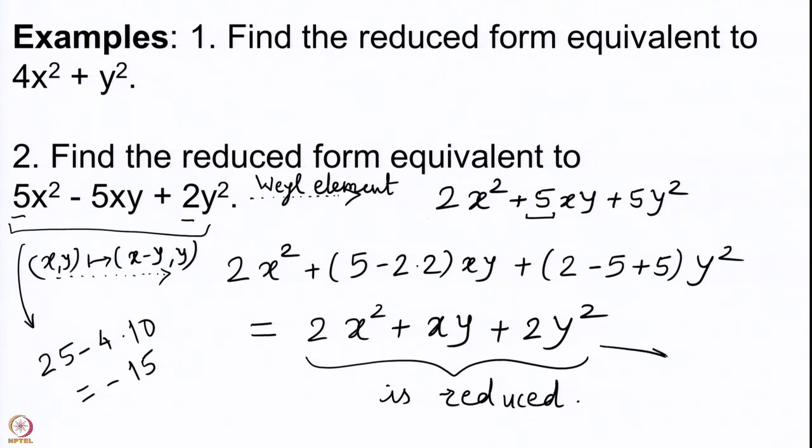And the discriminant here is b square, which is 1, minus 4ac, where ac is also 4. So, you get 1 minus 16, which is also minus 15. So, it is likely that our calculations are correct, and thus we have computed 2 reduced forms for the 2 positive definite forms that we started with. This is how one would do the calculation.